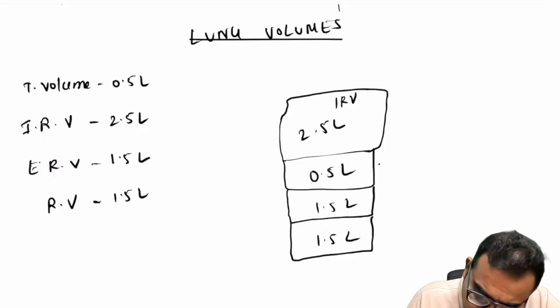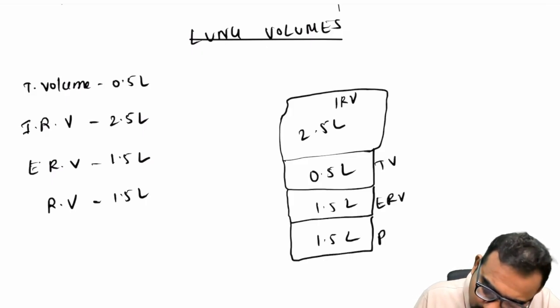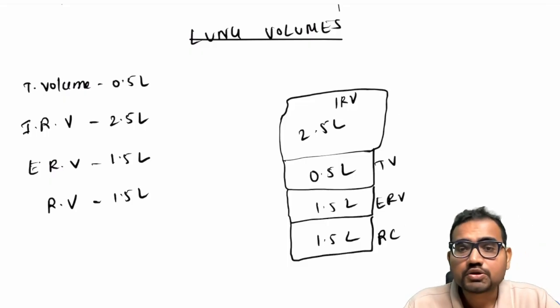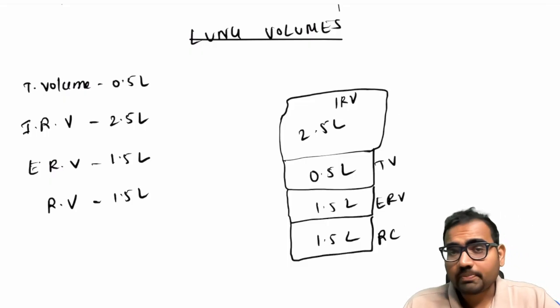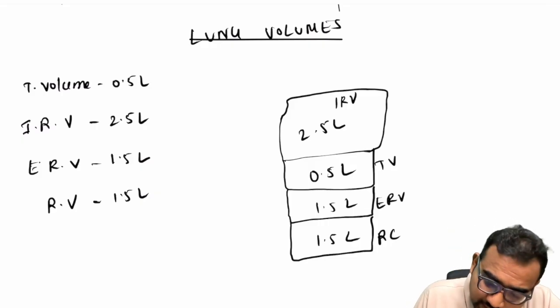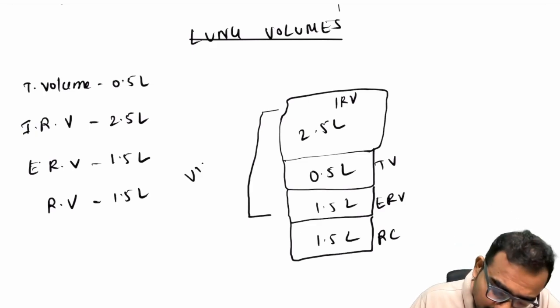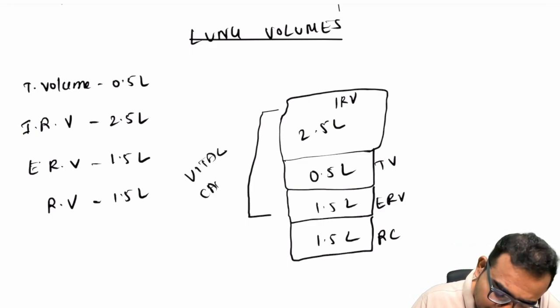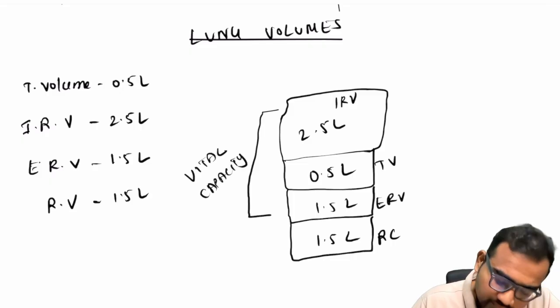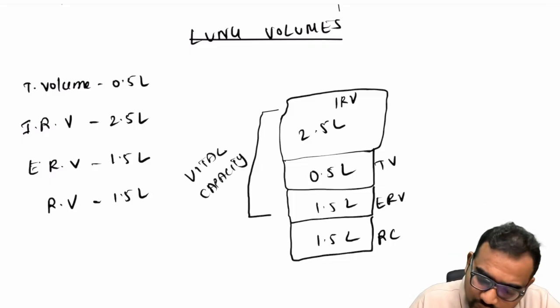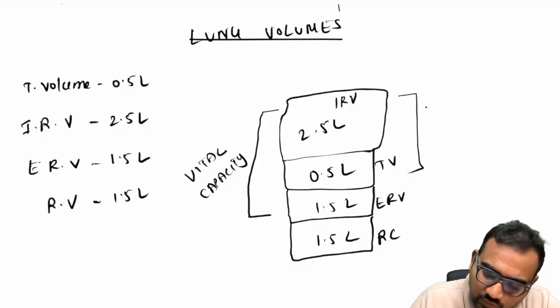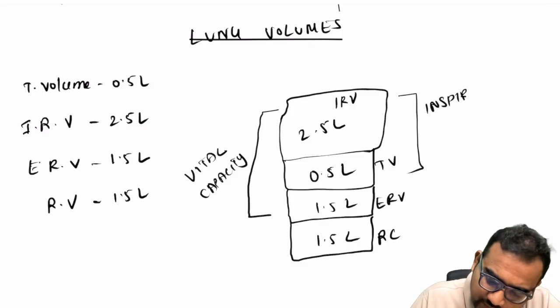Right. So this is tidal volume. This is expiratory reserve volume. This is residual capacity or residual volume. And this is inspiratory reserve volume. So the combination of the inspiratory reserve volume, the tidal volume, and the expiratory reserve volume is called the vital capacity. The combination of inspiratory reserve volume plus the tidal volume is inspiratory capacity.